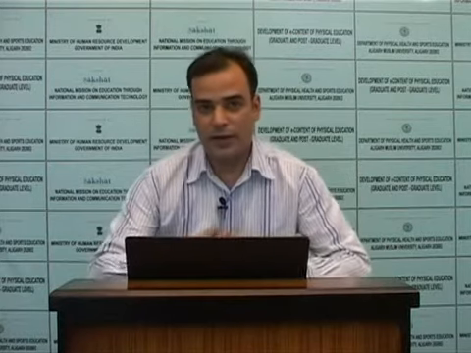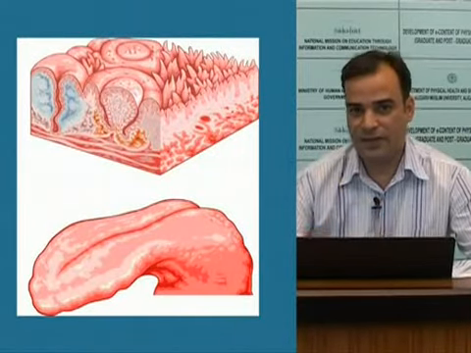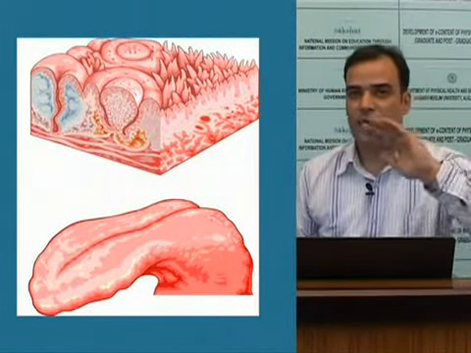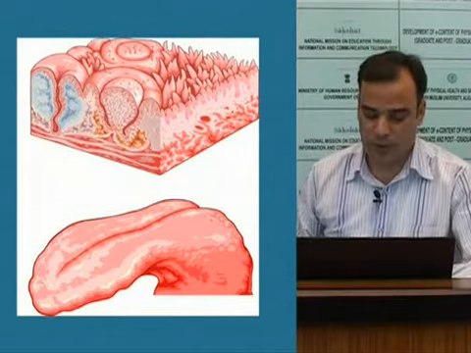The tongue can broadly be divided into three parts: the root, the posterior part that is in the pharynx, the body, the main portion of the tongue, and the tip. The body of the tongue has two surfaces: the superior surface, which is also called the dorsum, and the inferior surface of the tongue, which is usually very smooth. If you roll your tongue upwards, you can see the inferior surface of the body of the tongue.